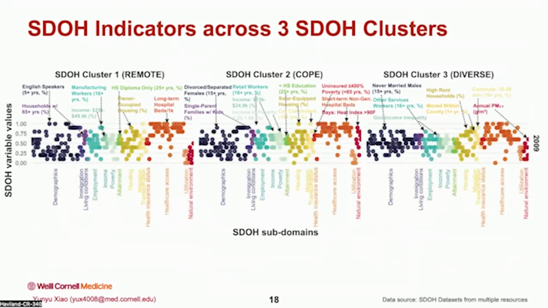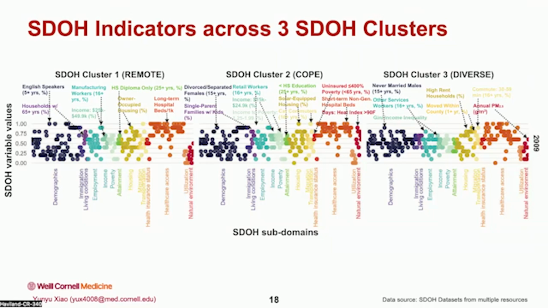This is one of the plots that I adapted from studying genetics and genomics. Within each of them, the higher the rate on the y-axis, the more these variables contribute to why these counties are in each of these clusters. For example, in the remote clusters, you can see a lot of housing issues, language issues, education issues, and the lack of long-term hospital beds.